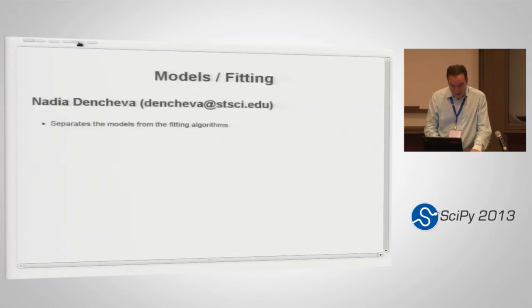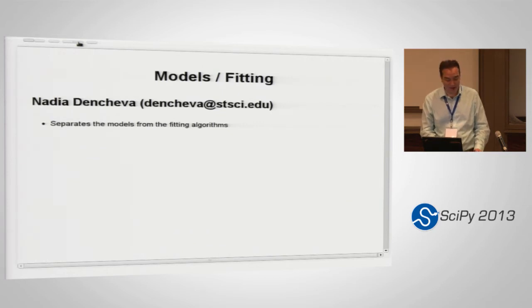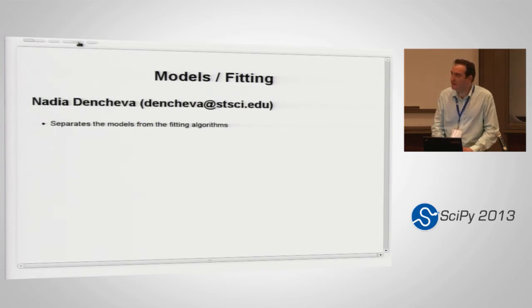Now I'm going to move on to the models and fitting package by Nadia Dencheva. Its main reason for being, and the reason we're not using something like the SciPy fitting stuff directly, is we wanted to separate out the models from the fitting algorithms and allow you to plug any model into any fitting algorithm, when it makes sense and will work, and just have it work.